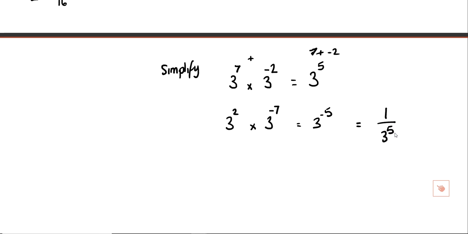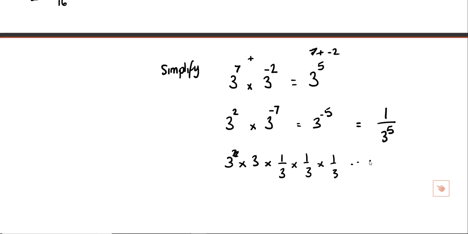So we might actually be able to show that we've got a fraction now, because if I were to rewrite this in a different way, 3 to the power of 2 is actually 3 times 3, multiplied by 1 over 3 times 1 over 3, and so on.